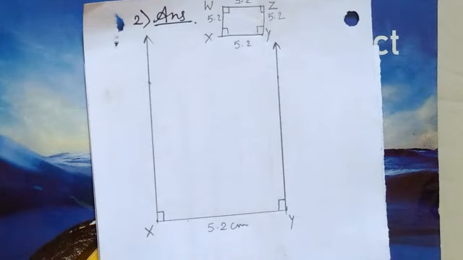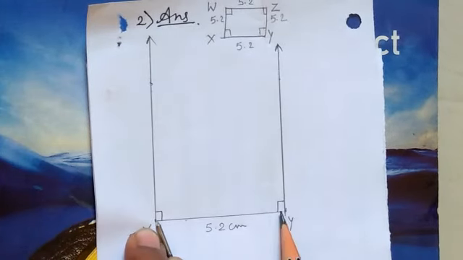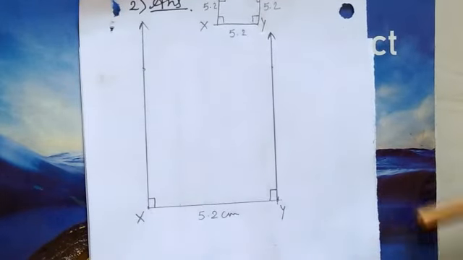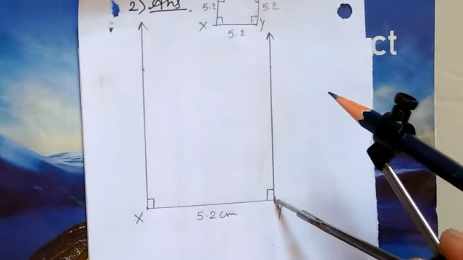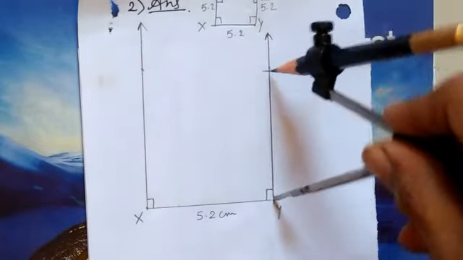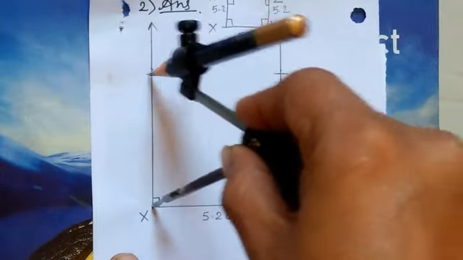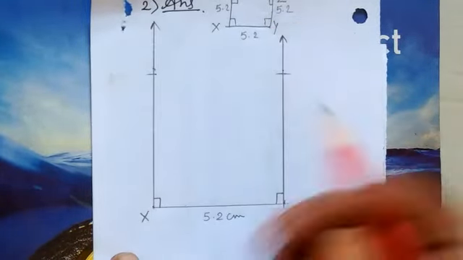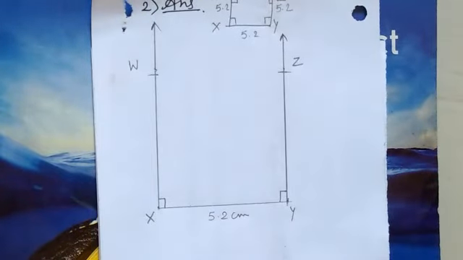So all sides have the same measurement. That's why we will take the distance of 5.2 in our compass. Place the metal point of the compass over the point Y. Put one arc. Same way on the other side. Now like this way we will get the points W and Z. Join them.